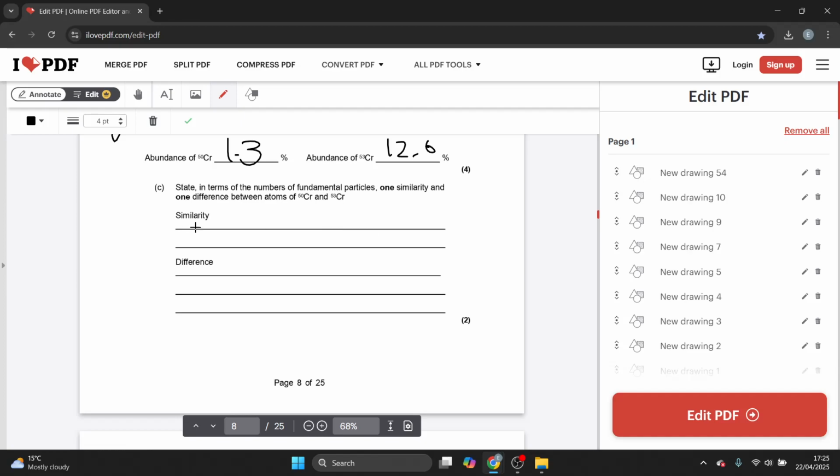Once you spotted that, just by the memorization of the definition, you can quite easily get the mark. Isotopes are atoms of the same element, 50 chromium, 53 chromium, that have the same number of protons but a different number of neutrons. Once you spot that, then it's easy from there.